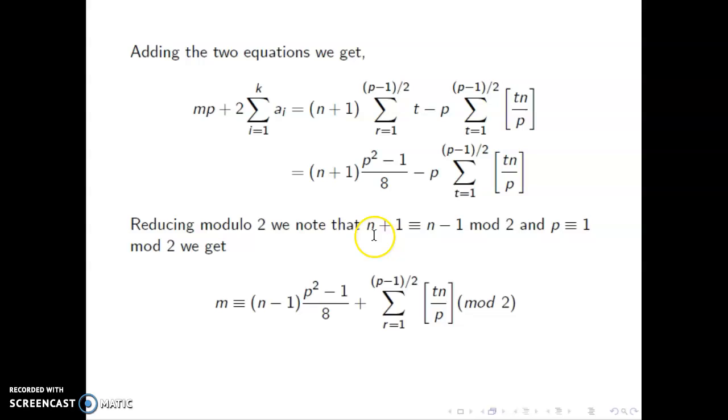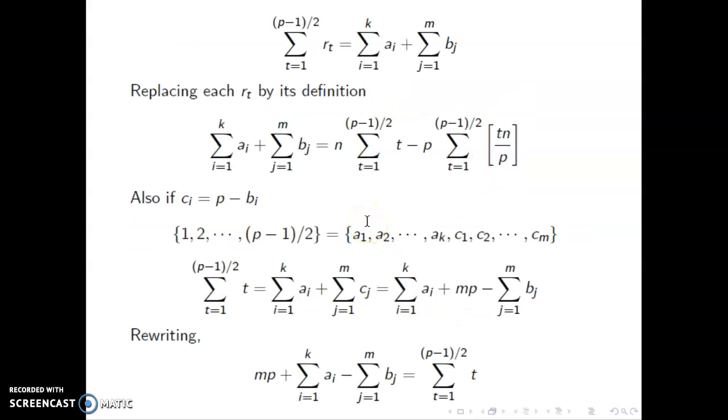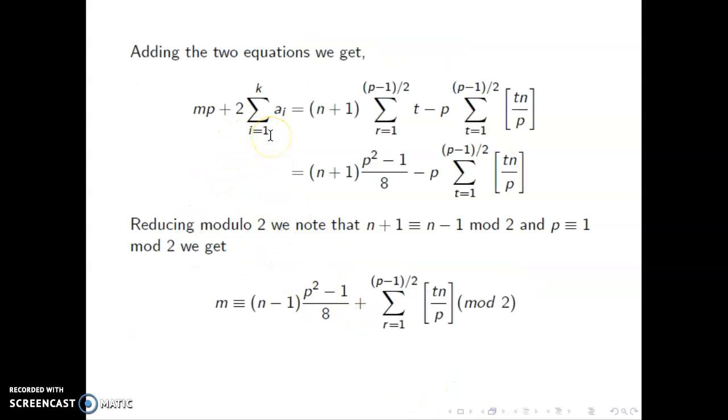Now when I add these two equations, the b_j's get cancelled out and I get mp plus 2 times the summation of a_i from i equal to 1 to k is equal to (n+1) times the sum over t equal to 1 to (p-1)/2 of t, minus p times the summation over t equal to 1 to (p-1)/2 of the floor of tn/p.